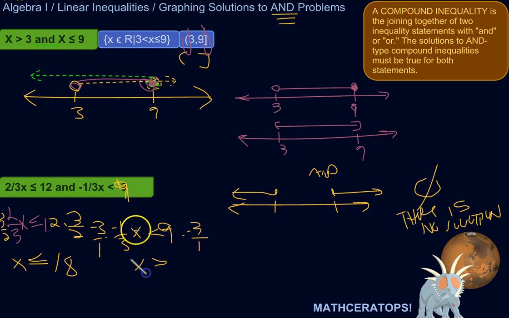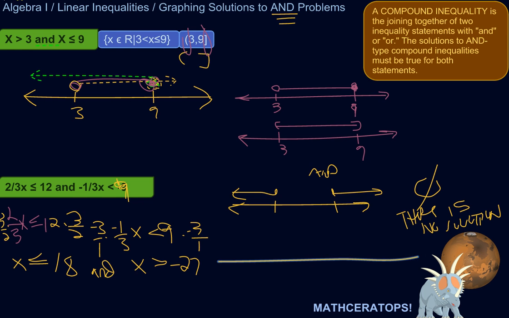So here, all we have left is x. So 9 times negative 3 over 1 is negative 27. Yeah, that's what I wanted. So the solution is x is less than or equal to 18 and x is greater than negative 27. Okay, but let's graph it.